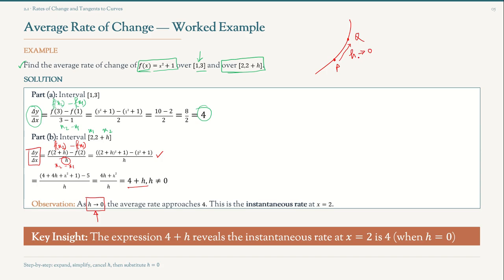That is, h tends to 0. Then if we put 0 here, the value approaches 4. If h tends to 0, the average rate approaches 4. That is the instantaneous rate at x equals 2.